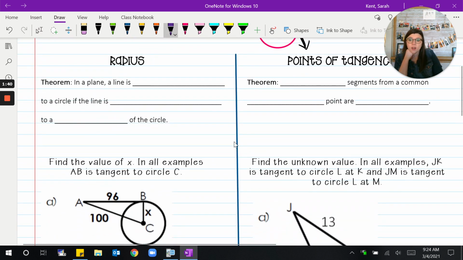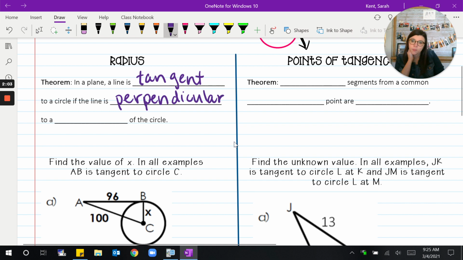So here is our theorem for if we have a radius. In a plane, a line is tangent to a circle if the line is perpendicular to a radius of the circle.